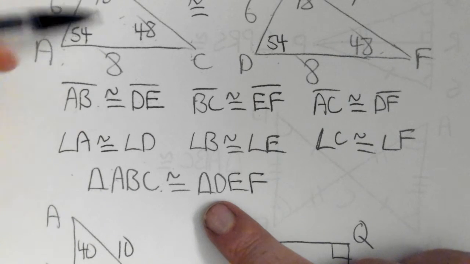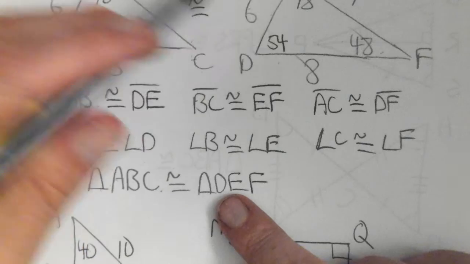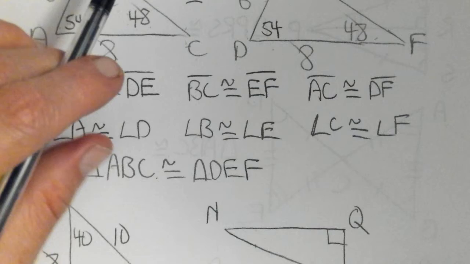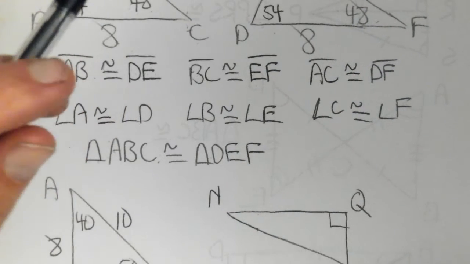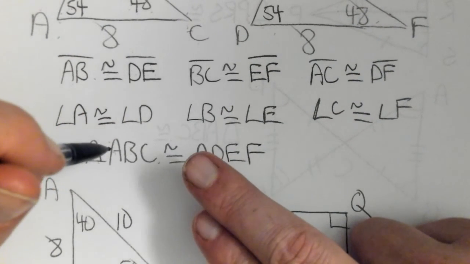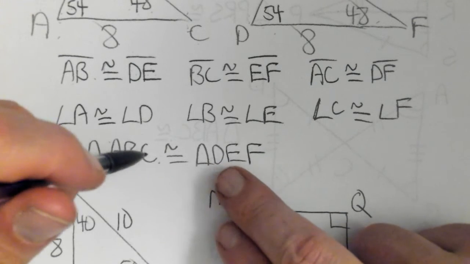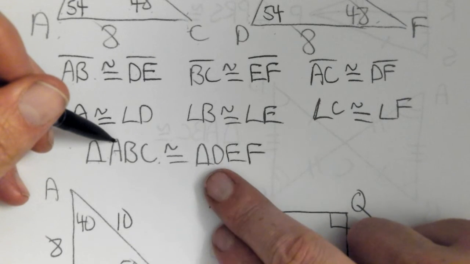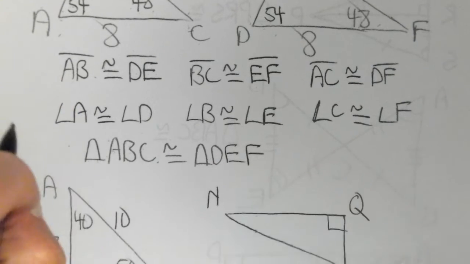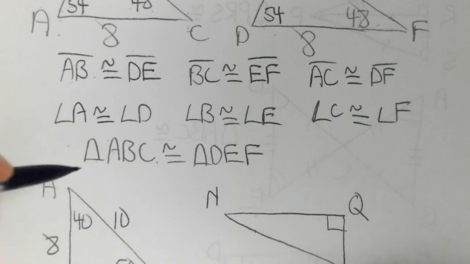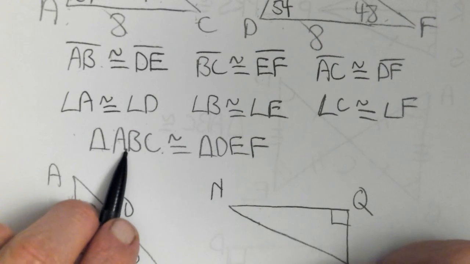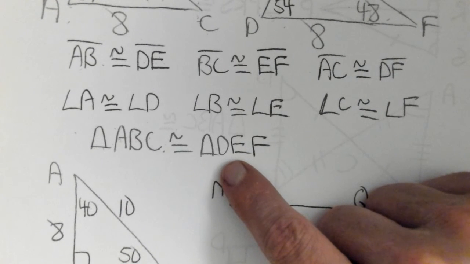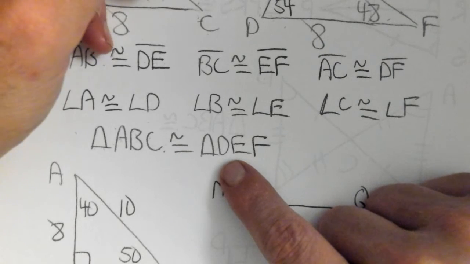Look at B. Angle B matches with angle E, of course, and C, 48, what do you think F is? 48. They match. So the order of the letters tells you which parts correspond to each other. Whatever is first here corresponds with whatever's first here, second and third and so on. And it's not just limited to the angles, it also works for the segments. The first 2 letters, segment AB, which is 6, should match the first 2 letters here, DE, which is, big surprise, also 6.